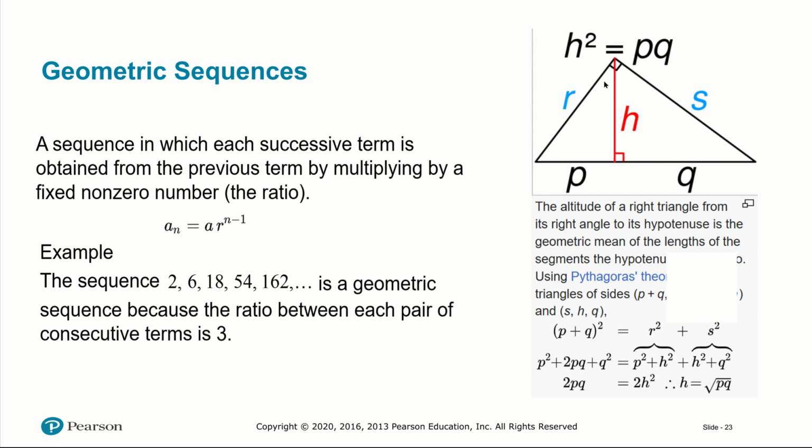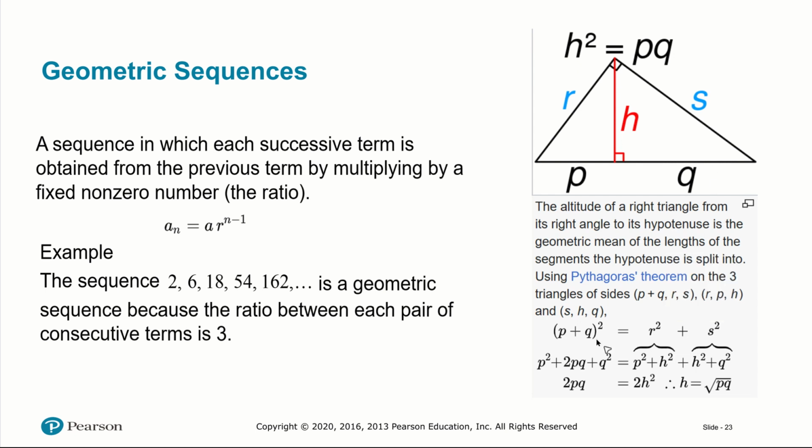Now, this length here, which we refer to as the height of this triangle, if this is considered to be the base, can be easily shown to be the square root of the product of these two pieces that it breaks the hypotenuse into.